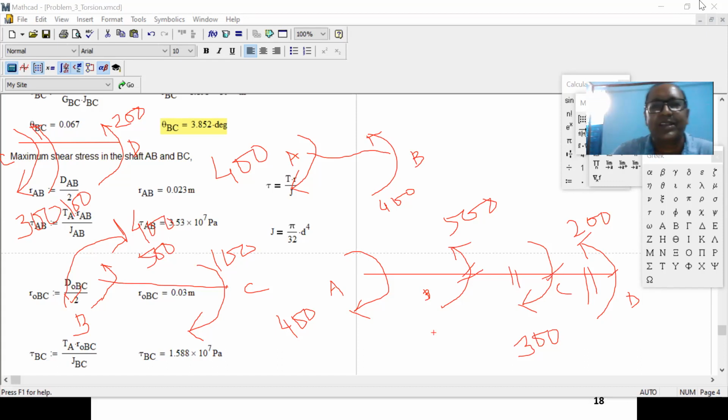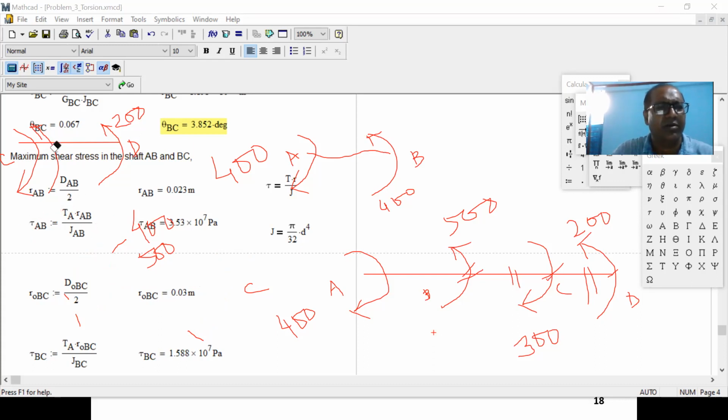Okay, this is one option. What is the other option? If I draw a torque diagram, I will show you how we can draw it.